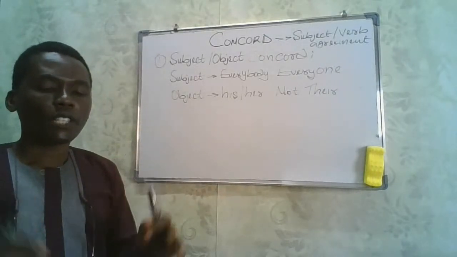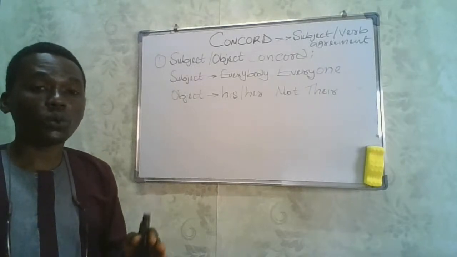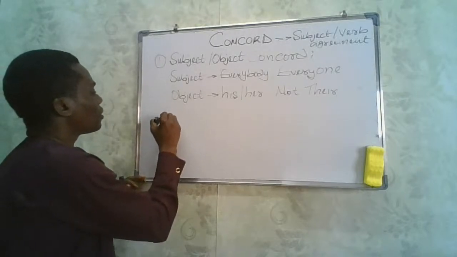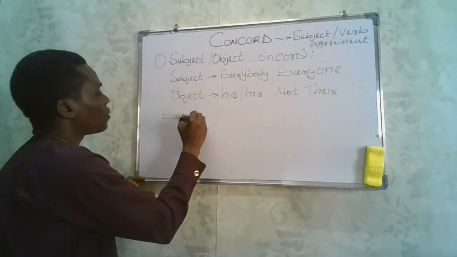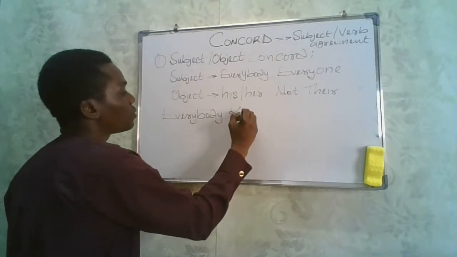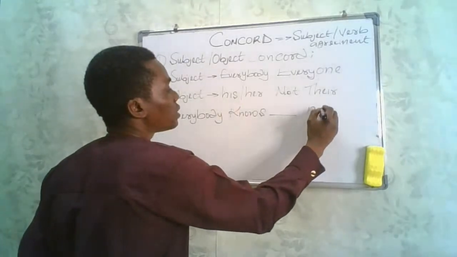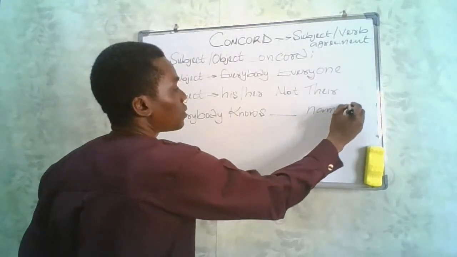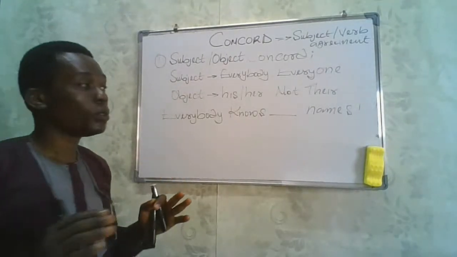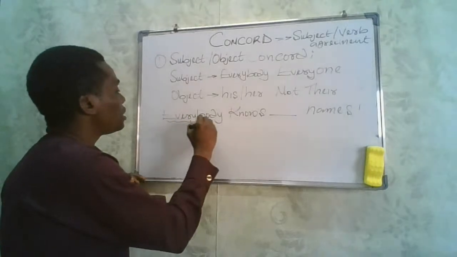Now, let's look at this sentence. The sentence says, everybody knows dash names. If you look at that sentence very well, you come to see that the term everybody is used.